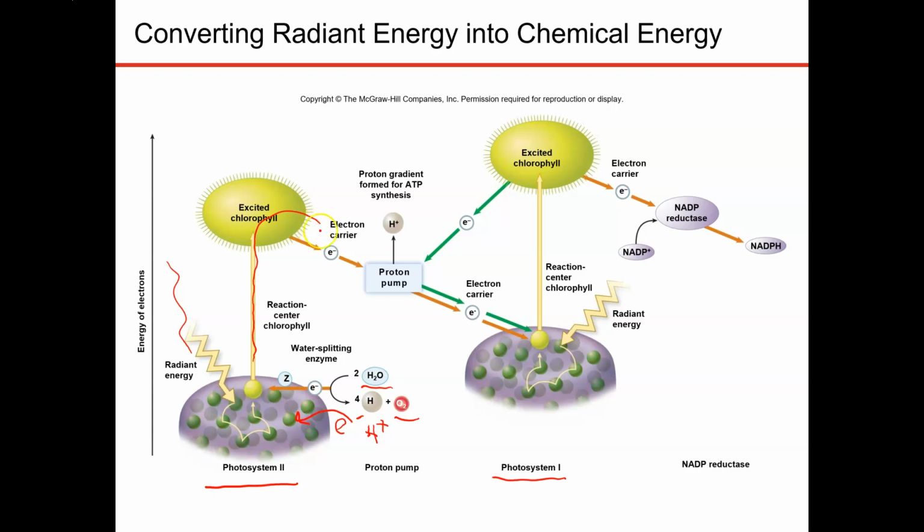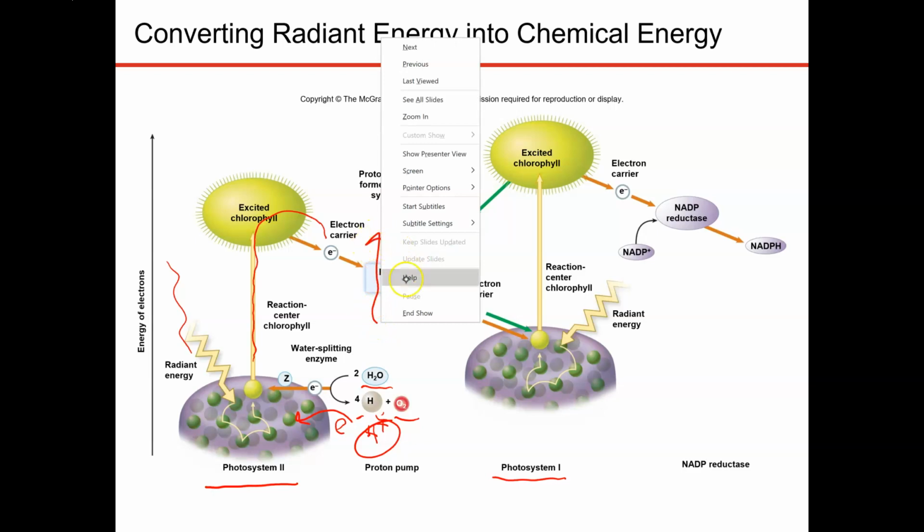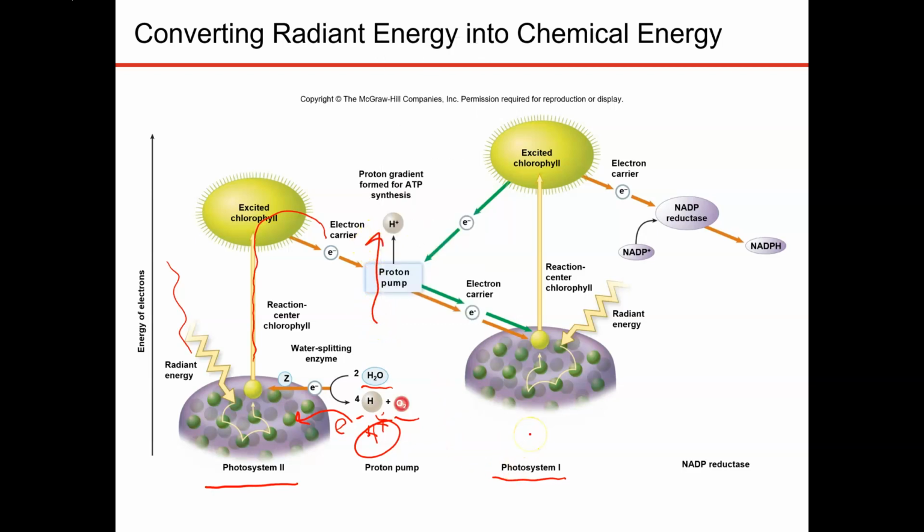This electron transport chain shuffles the electrons from one carrier to another and pumps the hydrogens that were released from the splitting of water across a membrane. That produces a proton gradient.